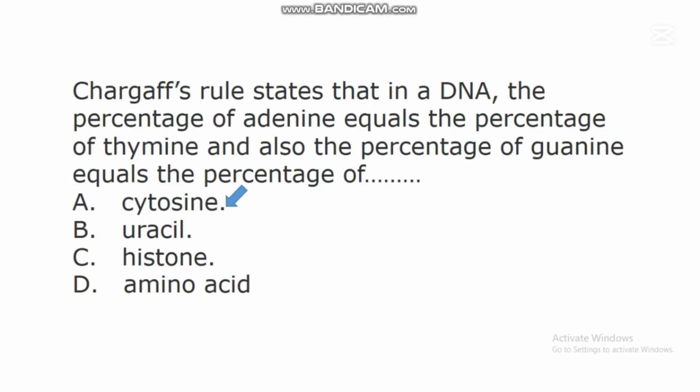So if anything goes wrong in this balance, it means that the DNA is having a particular problem. So this rule is one of the things that helps other scientists to know more about the contents of DNA.